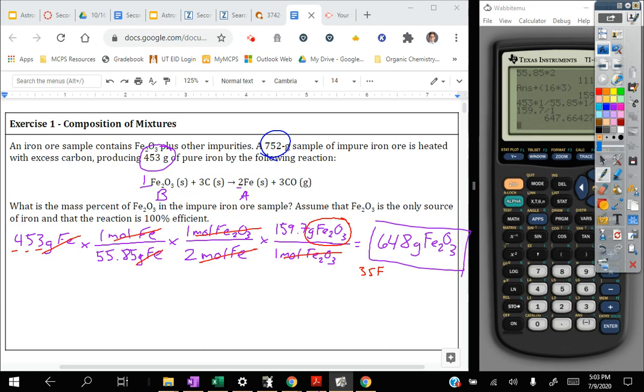Now, mass percent is what I'm looking for, so I'm not finished. The mass percent is a very similar idea to percent composition and percent yield. Percent yield we know is the actual amount divided by the theoretical amount, whereas percent composition is the percentage by mass of an element within a compound.